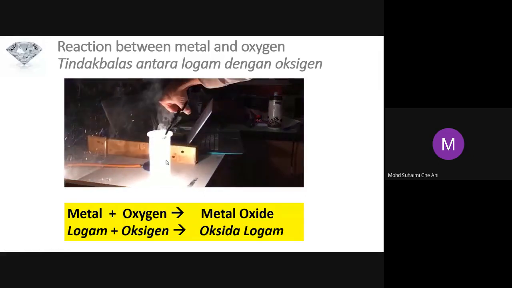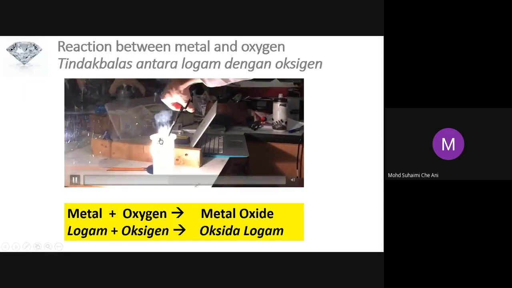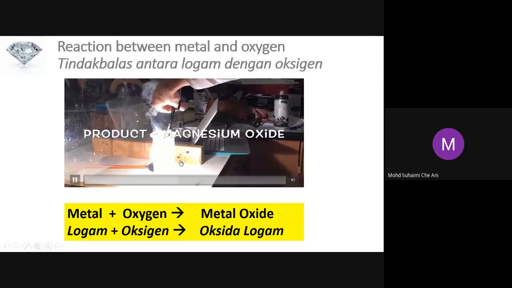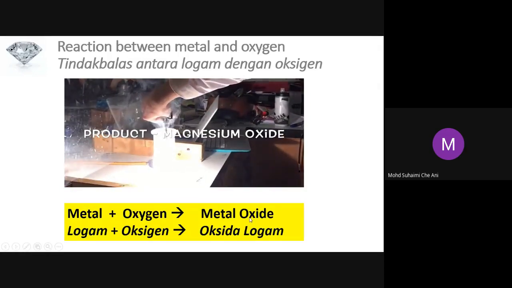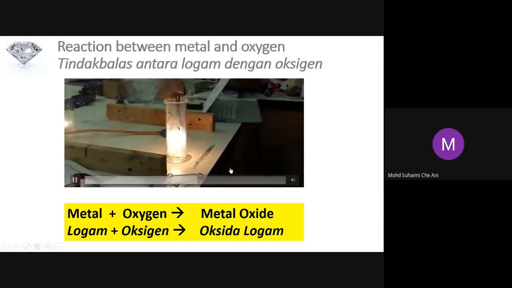That one is for the magnesium strip. You can see a very bright flame over here. So the product from the reaction is the magnesium oxide, metal oxide. So you get magnesium metal, you get magnesium oxide.